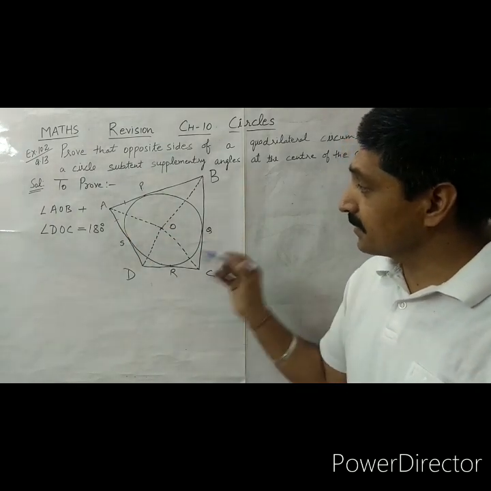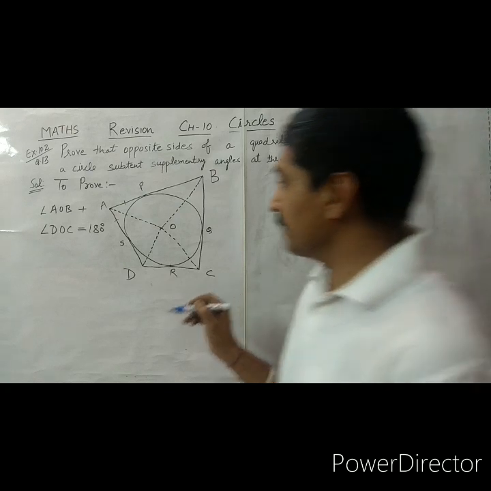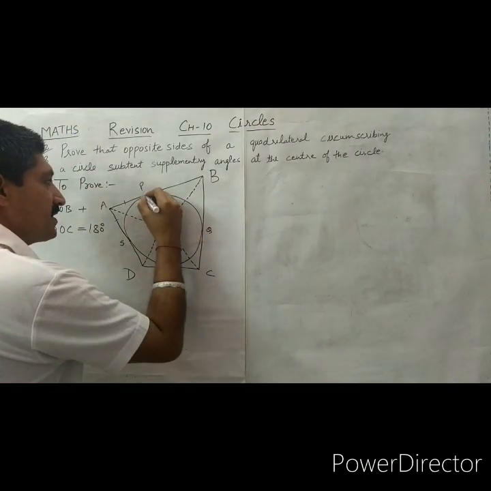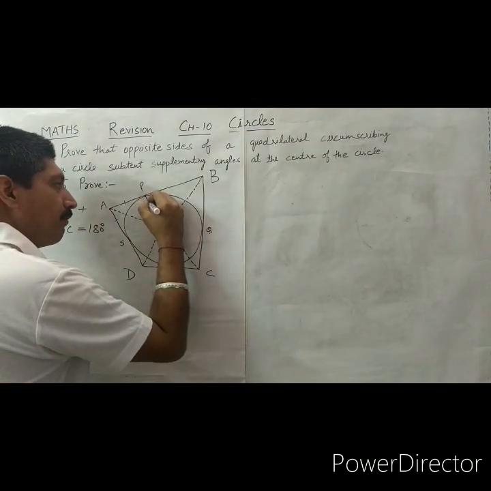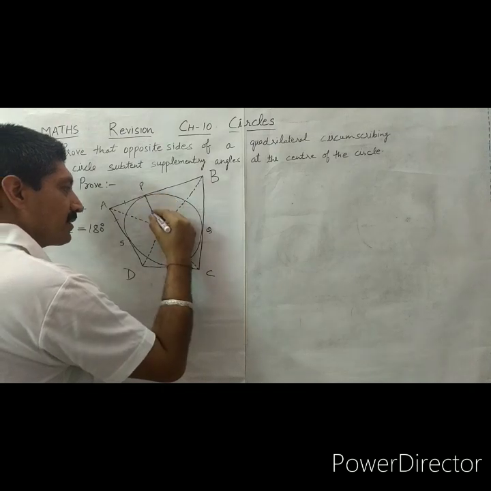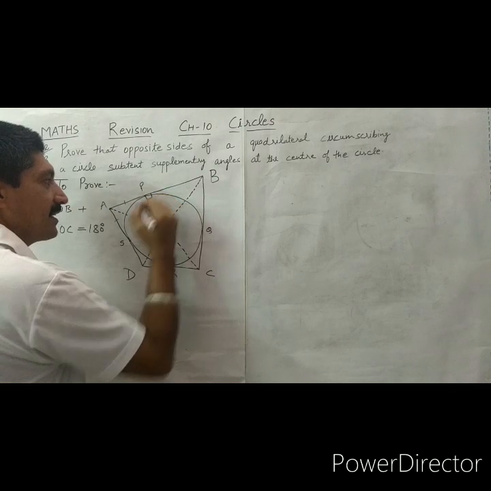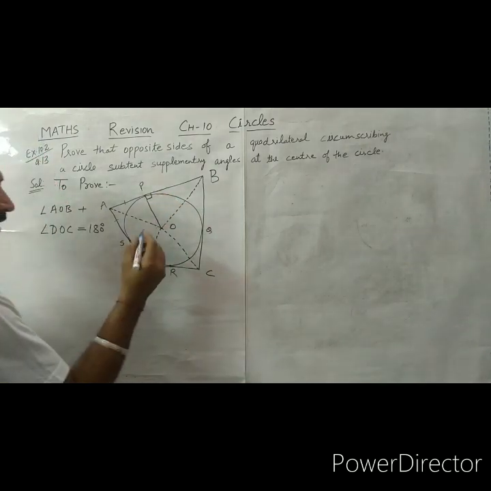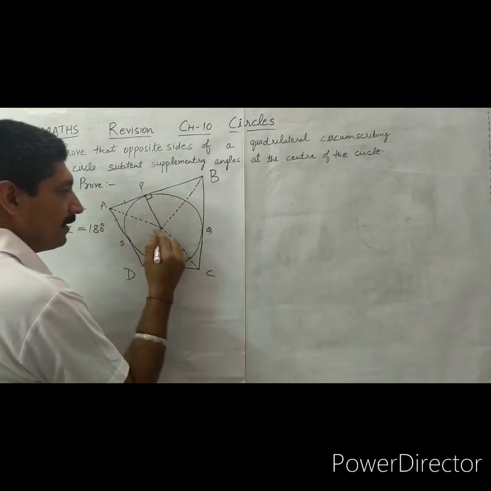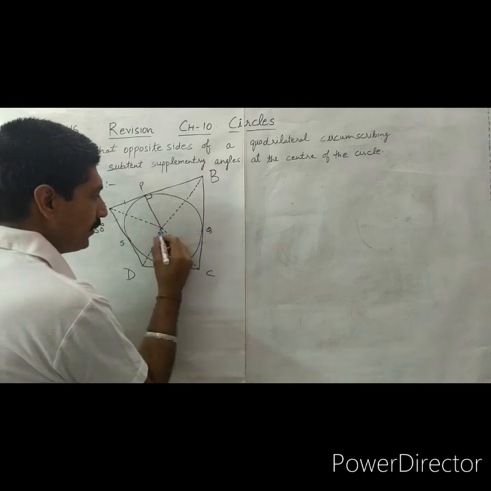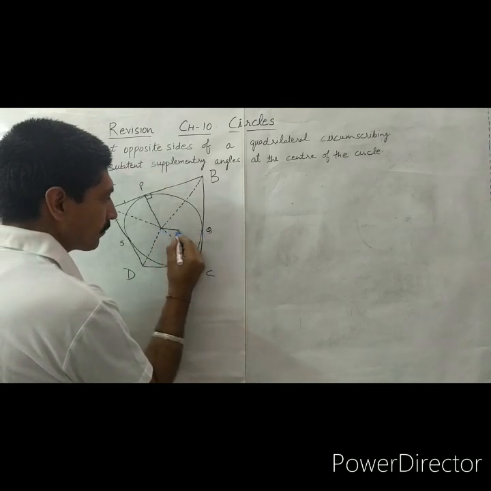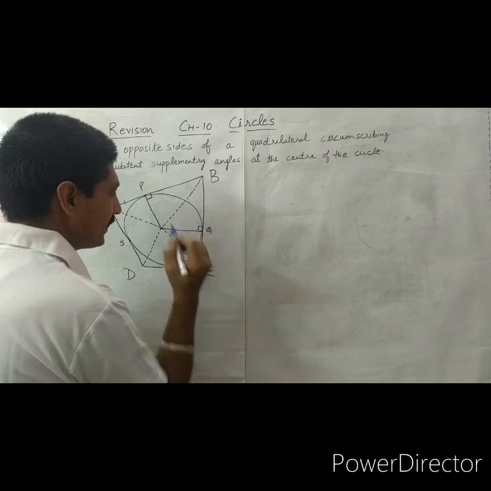We have discussed also, if we join this point of contact with the center of a circle, this angle is always 90 degrees. So same here, this angle from point of contact, this is also 90 degrees.